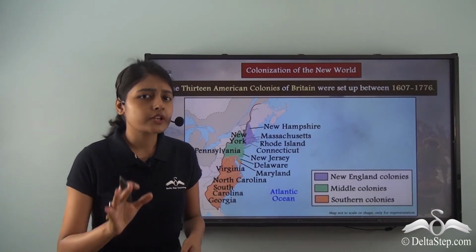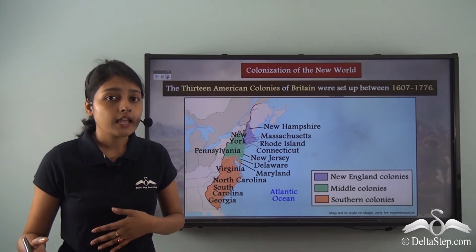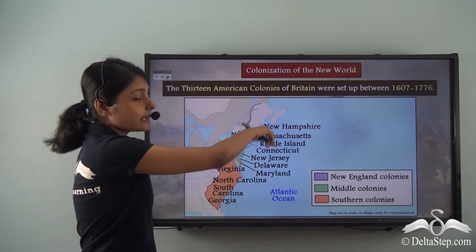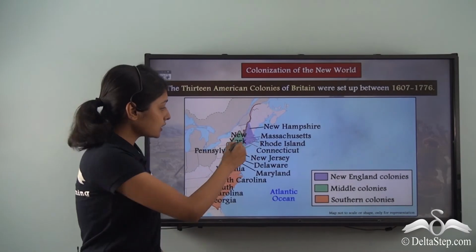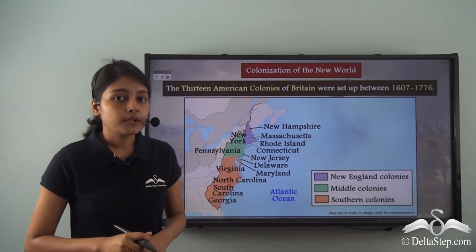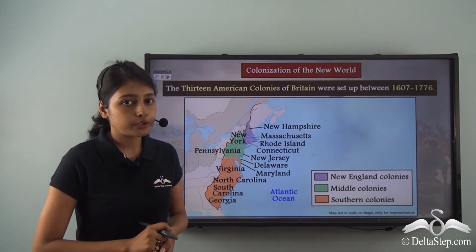While Spain was the first country to set foot on North America and establish its colonies, it was Britain that got to establish its colonies along the Atlantic coast. This tract of land that is marked in purple consists of the first colonies that Britain set up in North America.